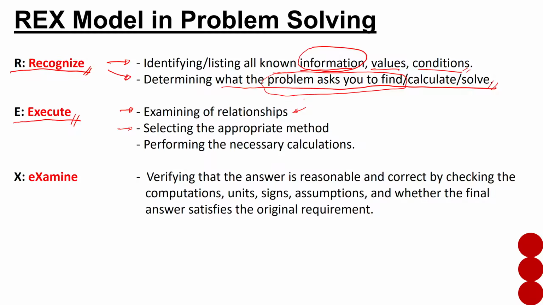Or is there an annual amount given? So shall we use the uniform series present worth calculations, or the uniform series compound amount, or are we calculating for the A? So in the execute step, we examine relationships, select the appropriate method, and then perform the necessary calculations.